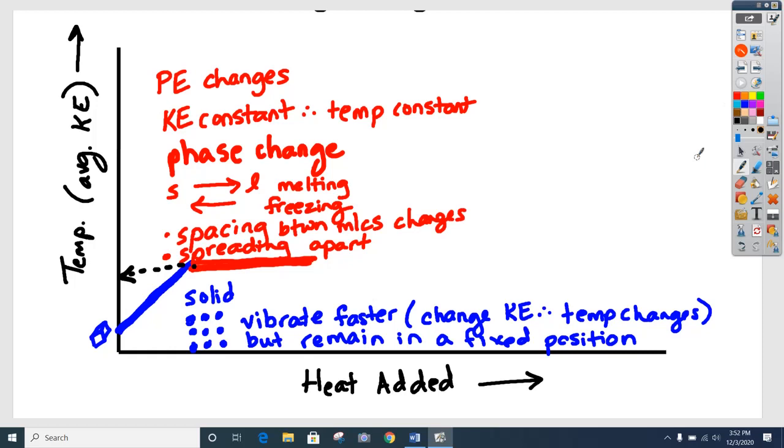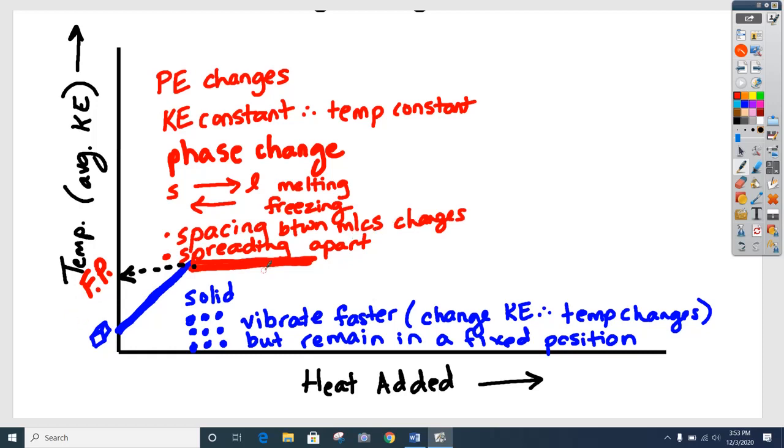And where that flat line, where your phase change intersects your y-axis, that by definition is your freezing point. Your freezing point is the temperature at which this phase change occurs.